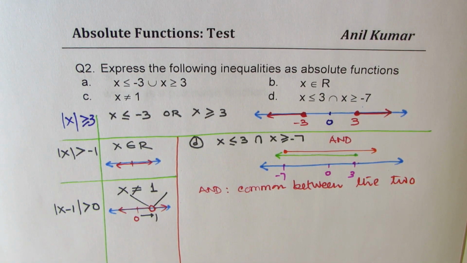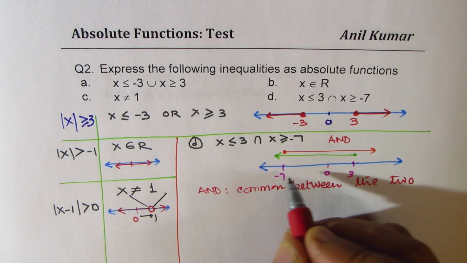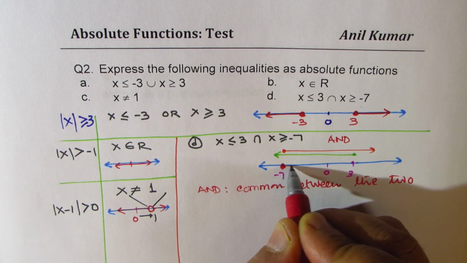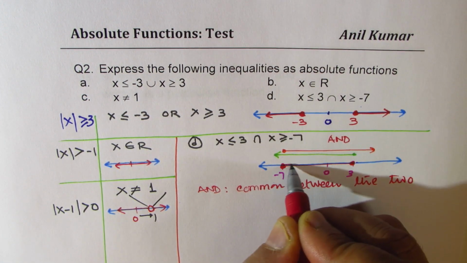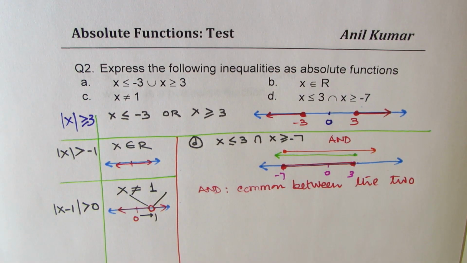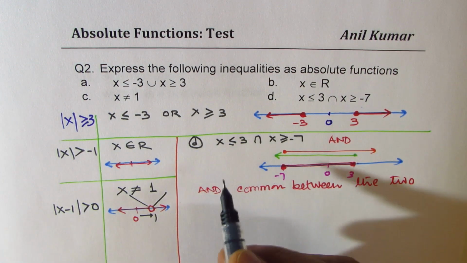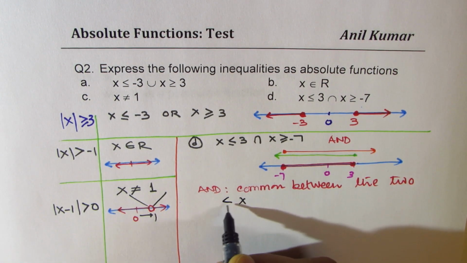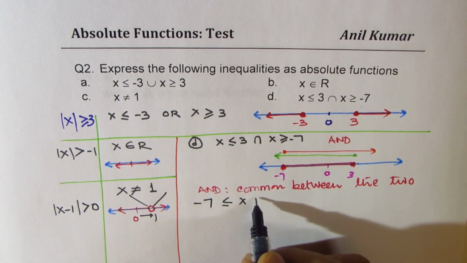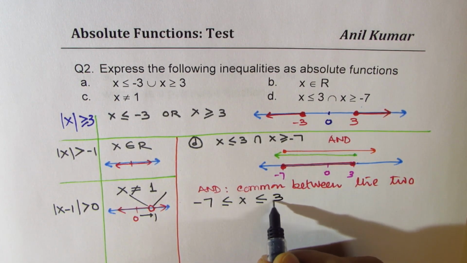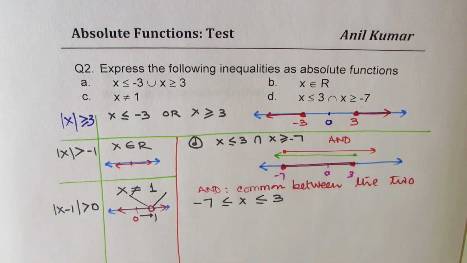So how do we get that part? That is to say, the solution is from minus 7 to 3. This is my part of the solution. Right? So as an inequality, I could write the same thing as x is greater than or equal to minus 7, but less than or equal to 3.